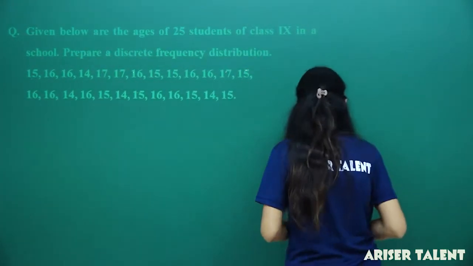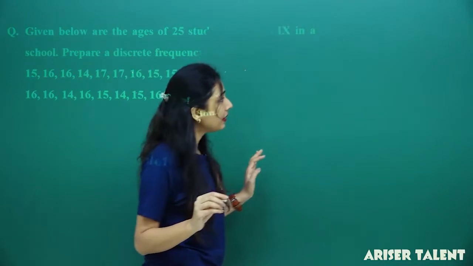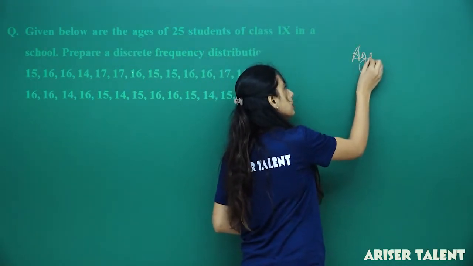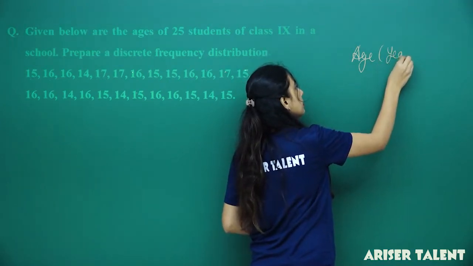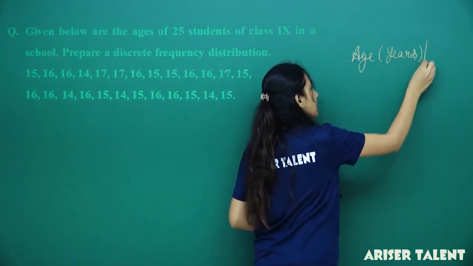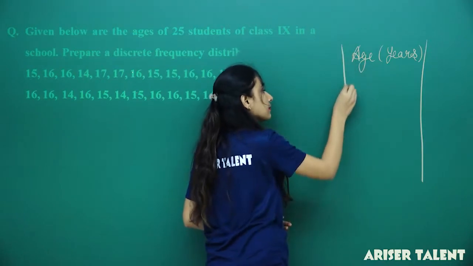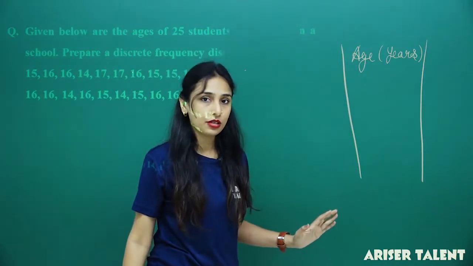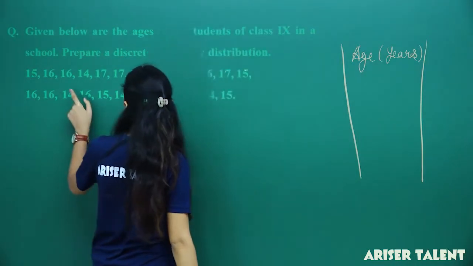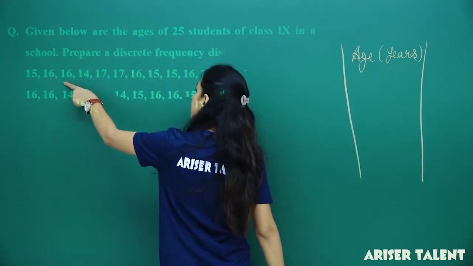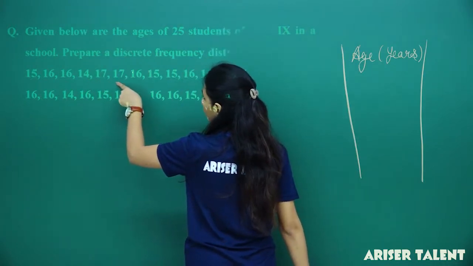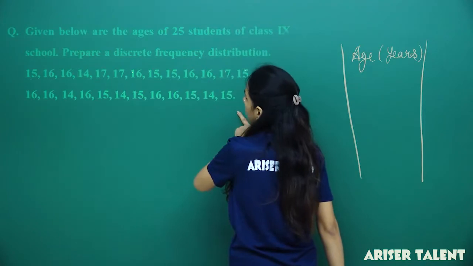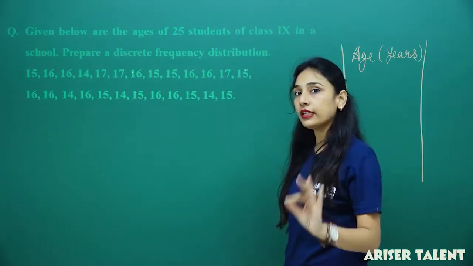So basically, we have to make a table here. I'll be having age in years. Now I have to find out the minimum and the maximum age. Minimum age, if I look at that, 15, 16, no, 14 is there. 14, 14, 14, 14. Yes, 14 is the shortest age.